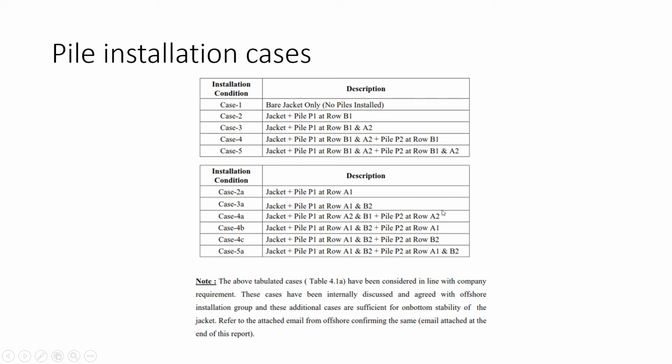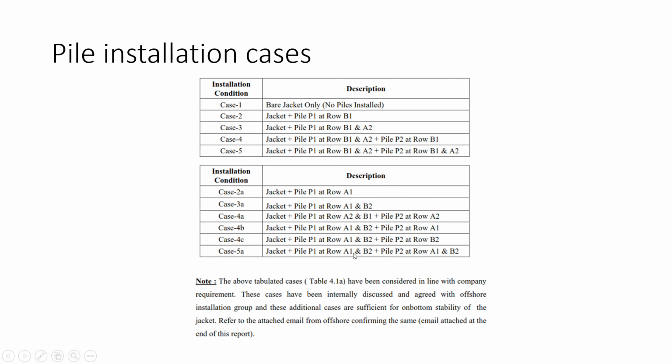So whatever the possible conditions, you have to check all. Tomorrow, when there is an installation, if by any chance they cannot go for the piling sequence at B1 and have to start with A1 only, since the COG is also very close, but still they want to drive the first pile there because of some condition constraints, what you have to do is check whether it is workable or not.